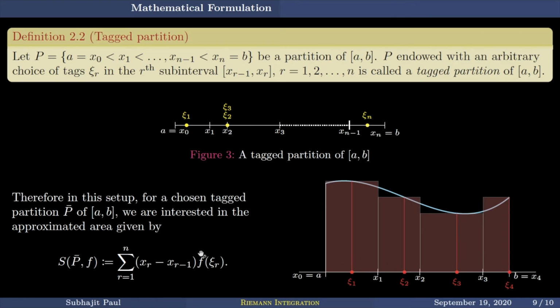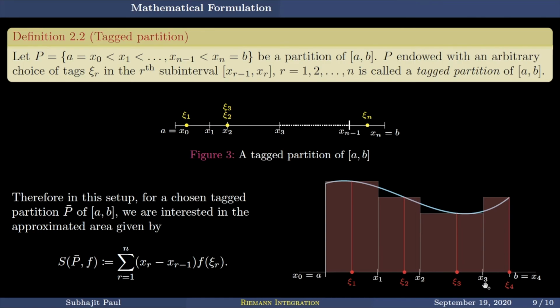So what is the area of this rectangle? The height is f at xi1, and what is the width? The width must be the length of this subinterval, x1 minus x0. So the area of this rectangle is x1 minus x0 times f at xi1, plus the next one: the width of the rectangle is x2 minus x1 times the height f at xi2.